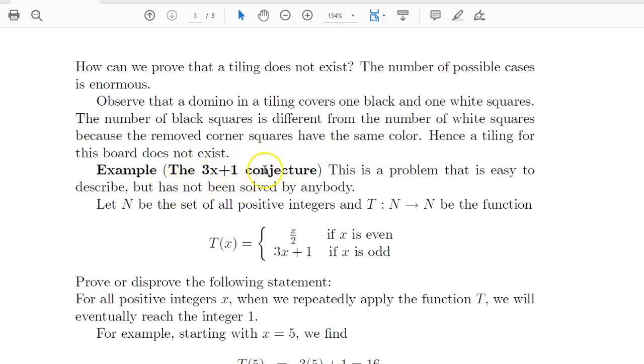Example: the 3x plus 1 conjecture. This is a problem that is easy to describe but has not been solved by anybody.